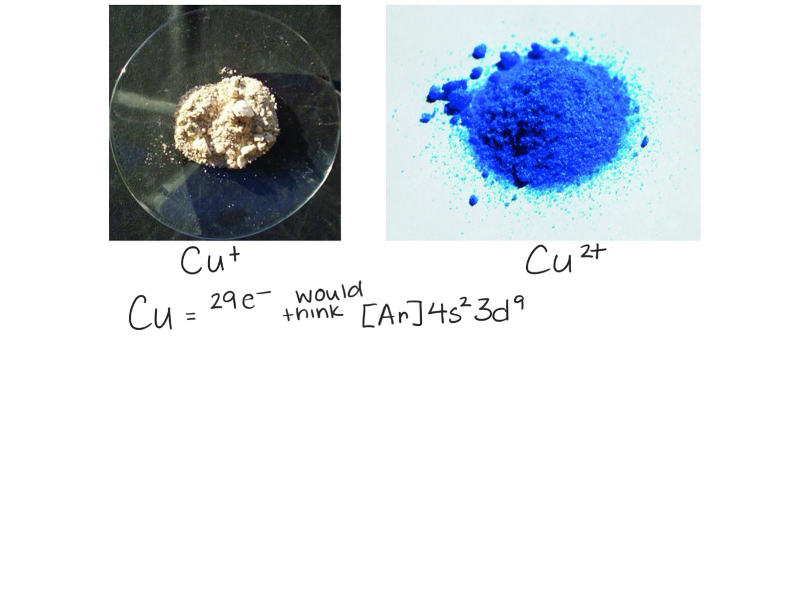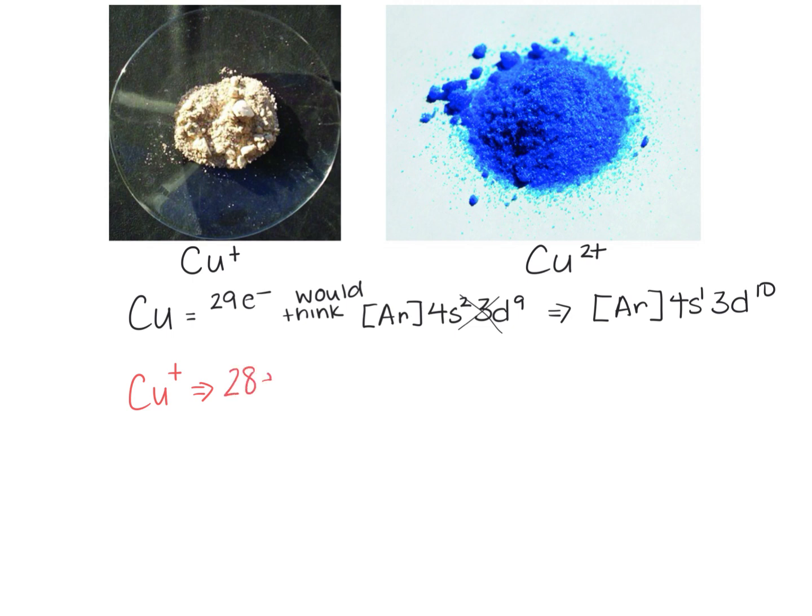It doesn't obey the rules because this particular s and this particular d are really close in energy levels. And so what actually happens is for copper, you get argon 4s1 3d10.